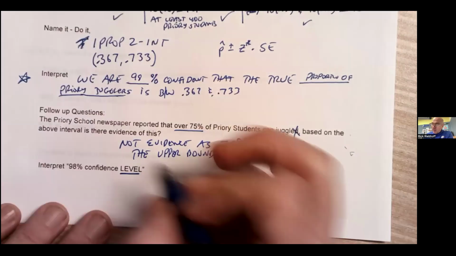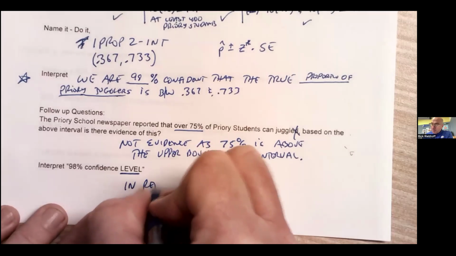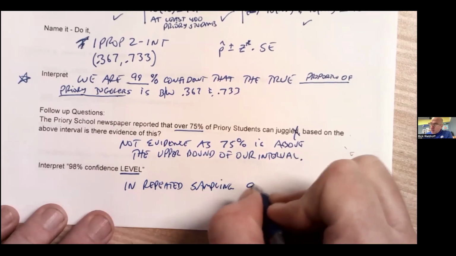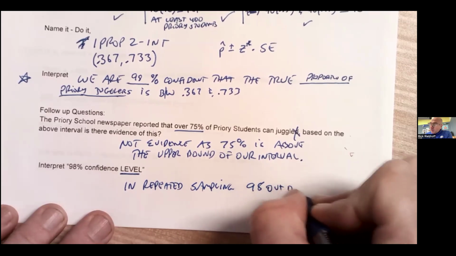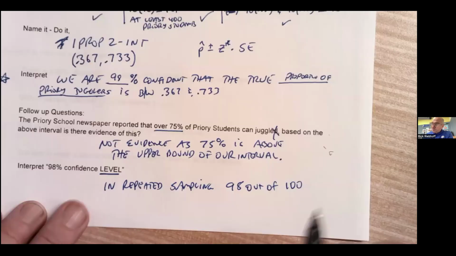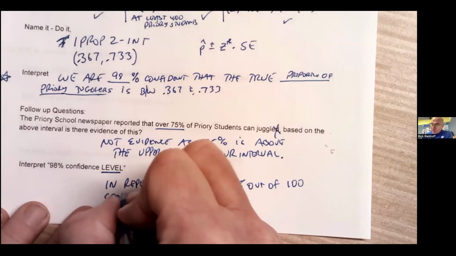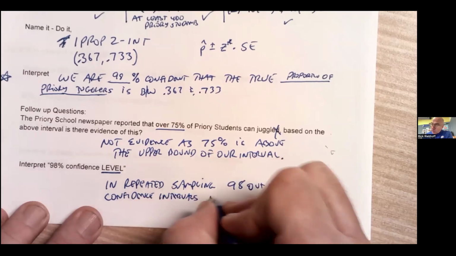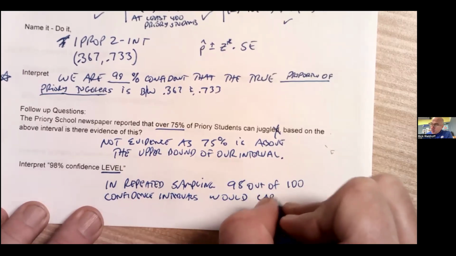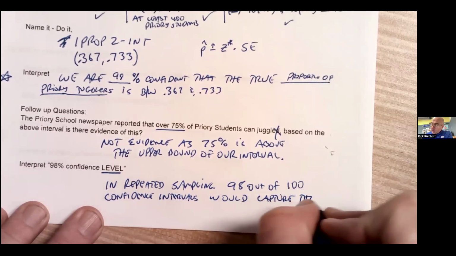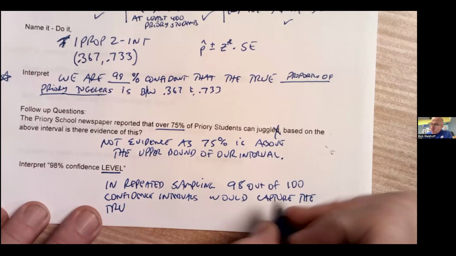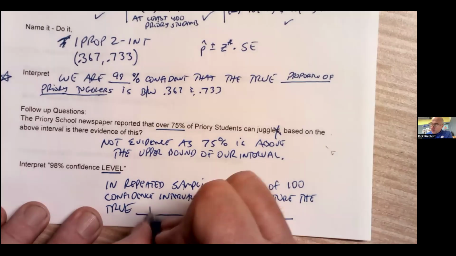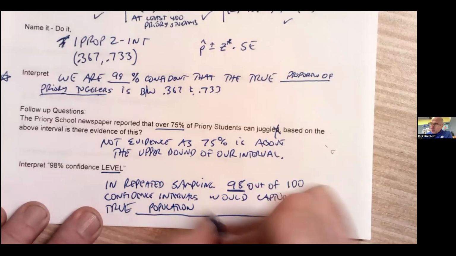This one is in repeated sampling: 98 out of 100 confidence intervals would capture the true, this is an ad lib, population proportion.